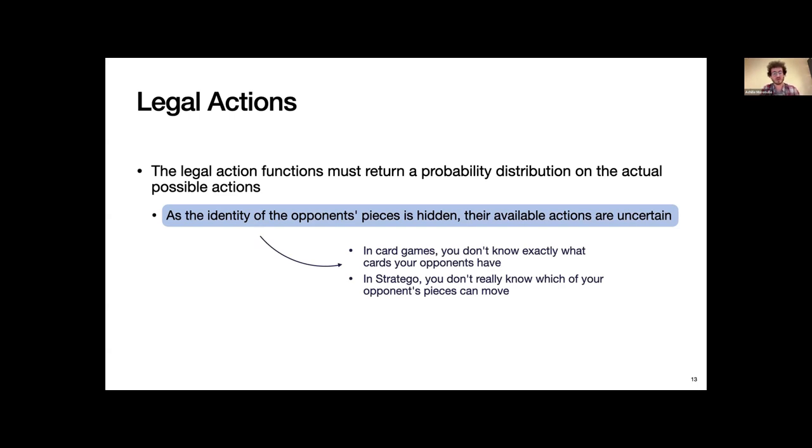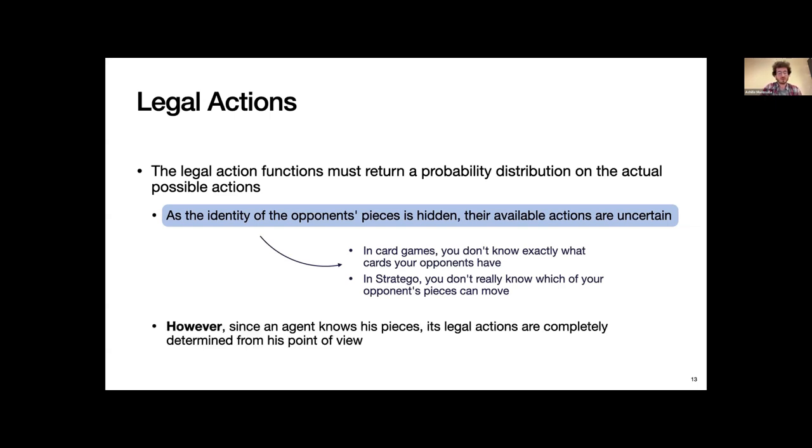And in Stratego, you don't actually know which pieces can move on the board, since there are some pieces that can be a flag or a bomb, but you don't know that. So there are some actions that are impossible, but you have to take that into account. However, from the perspective of an agent, its actions are completely determined, because he knows his pieces, so he knows what he can do.